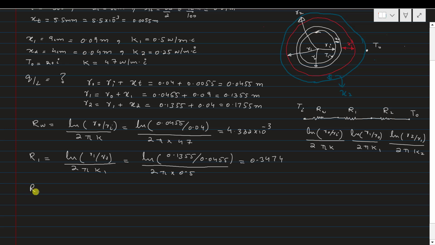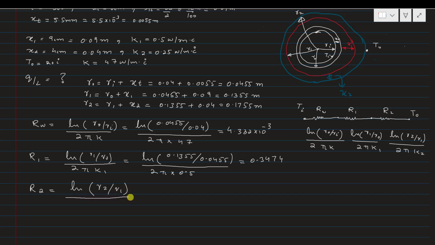Now the resistance R2 offered by the second layer of insulation is ln of R2 divided by R1, divided by 2 pi K2. So what is R2?